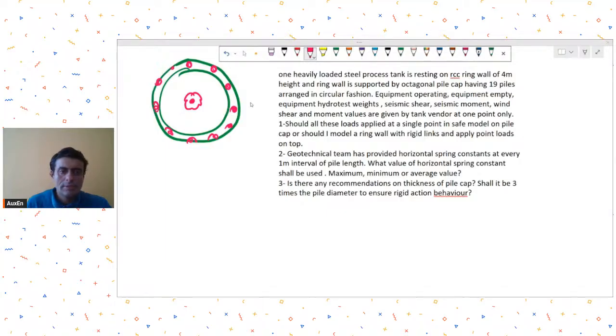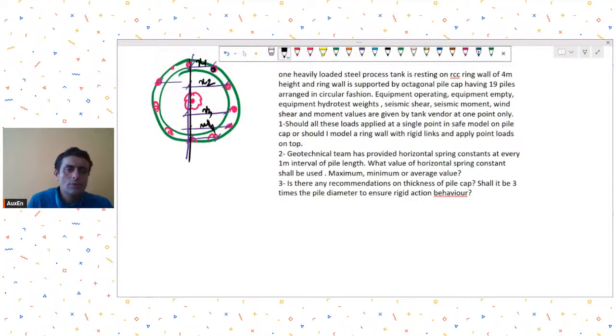So if this is how you have placed the 19 piles, maybe I would have done it manually by just finding out the section modulus. I would have found out the reactions in each pile, and I would have assumed that the reactions in each pile will be proportionate to their distance from the axis of bending, like we do in normal cases, that those will be proportional to their distances from this centroidal axis, and that's how I would have found out.